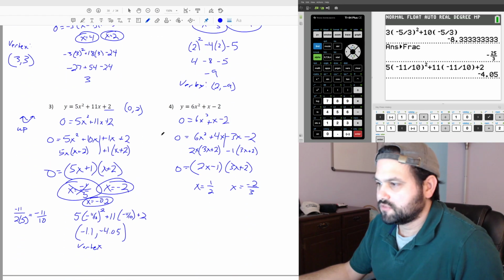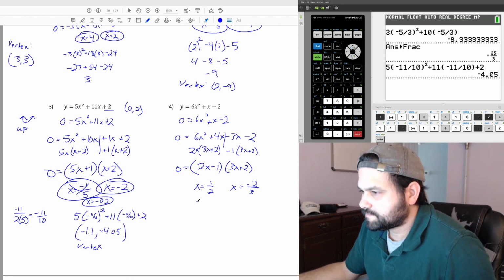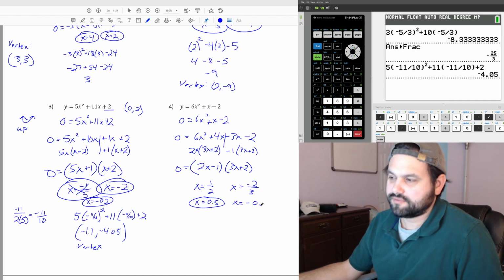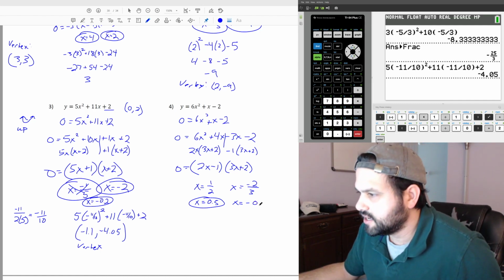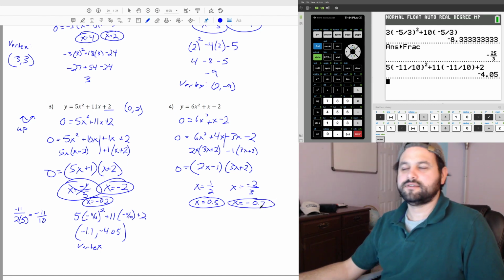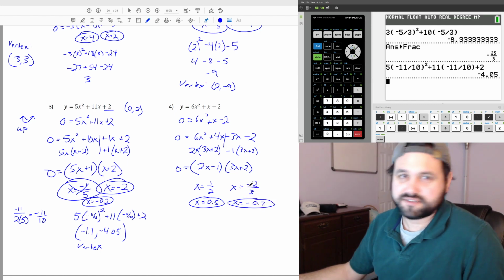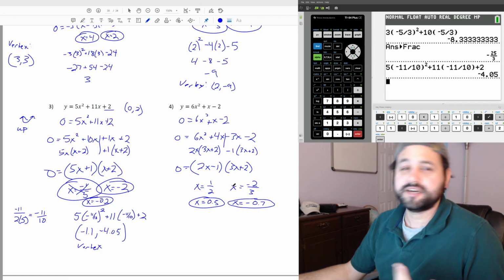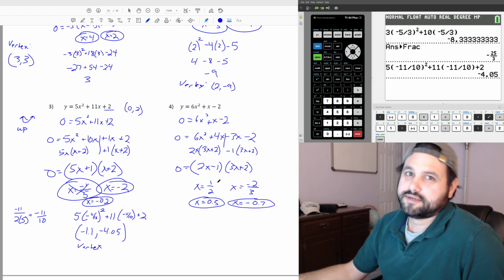So let's put these as decimals. x equals 0.5 and x equals negative 0.7. I don't really like rounding to the nearest tenths here. I would prefer to just leave it as the fraction, okay? But because it does say to do that, I'll do it.